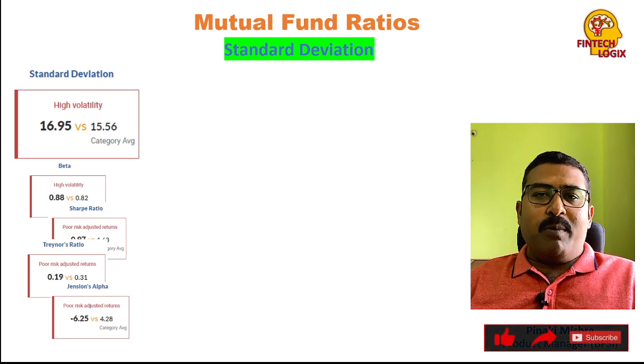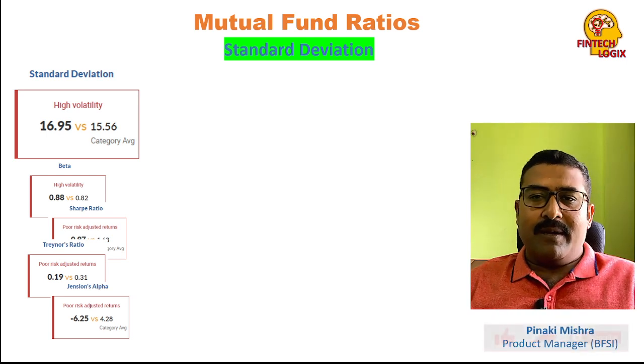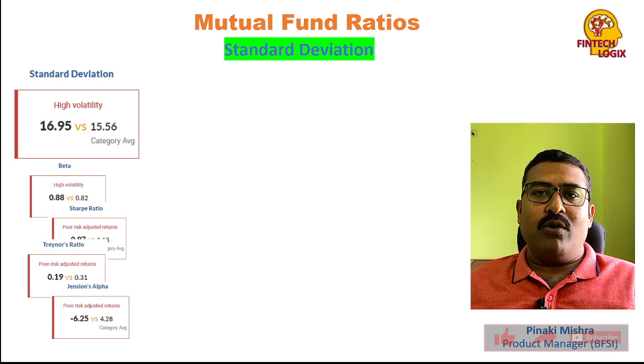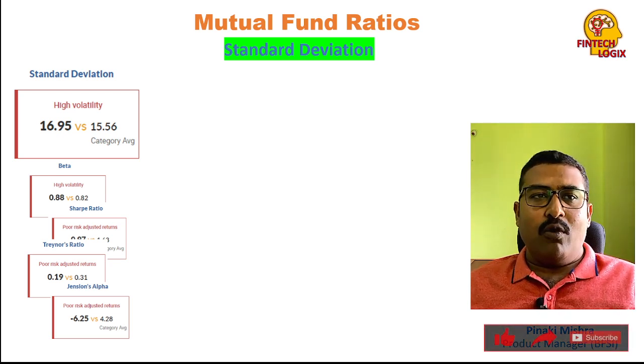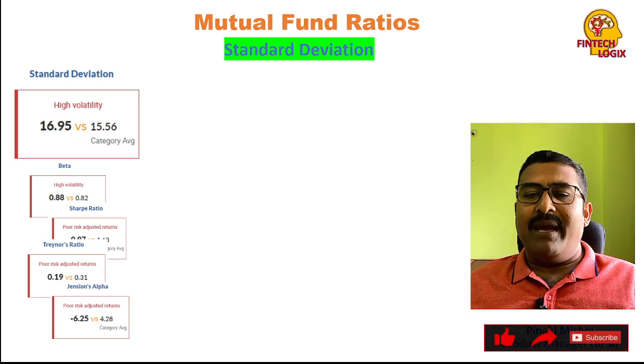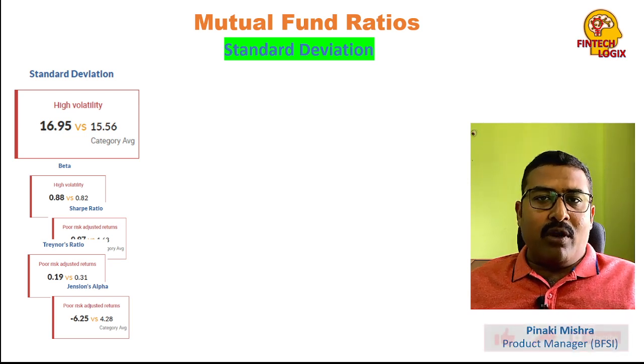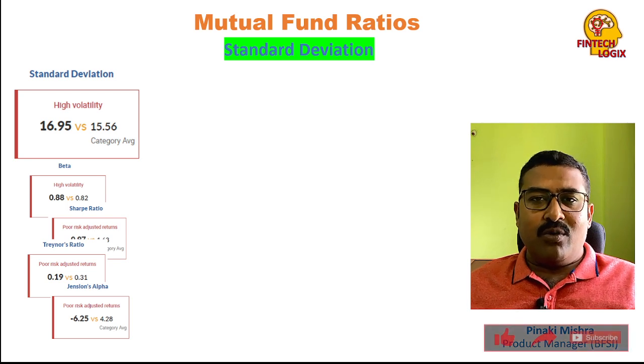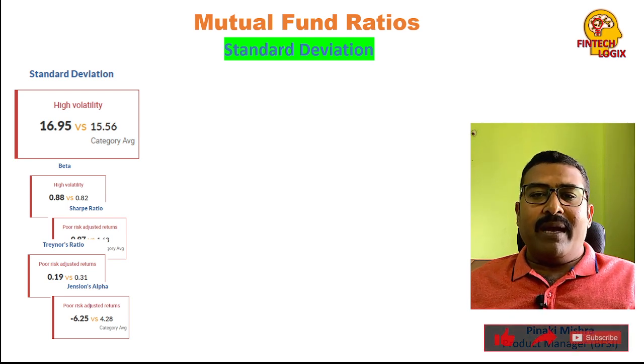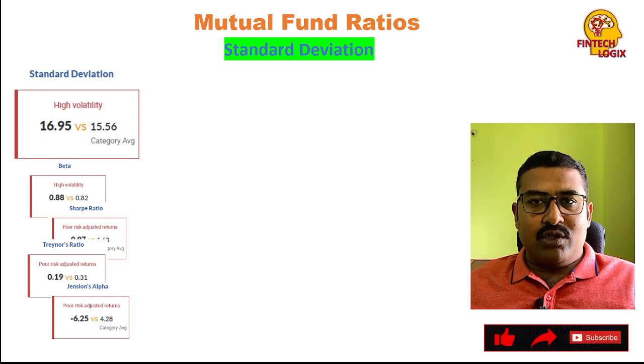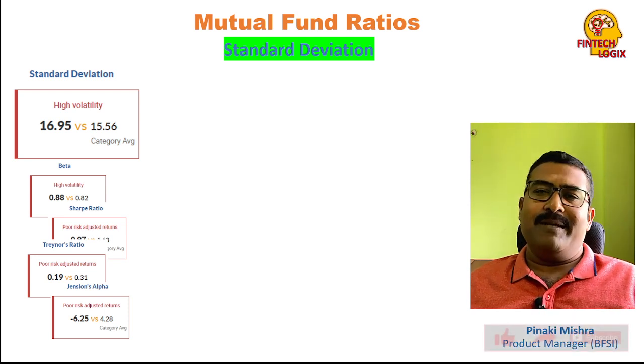So today we will talk about one of the very important ratios, which is standard deviation. Normally if you open any website, may it be Morningstar, or Value Research, or Moneycontrol, you would normally come across these ratios, but sometimes we overlook that.